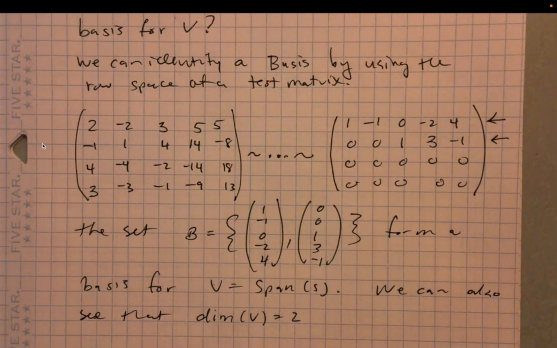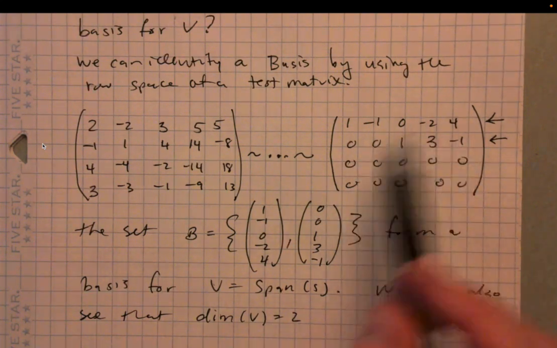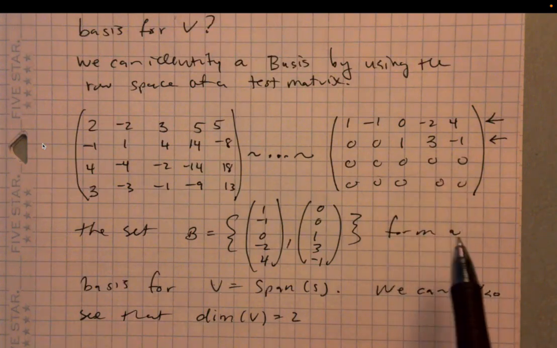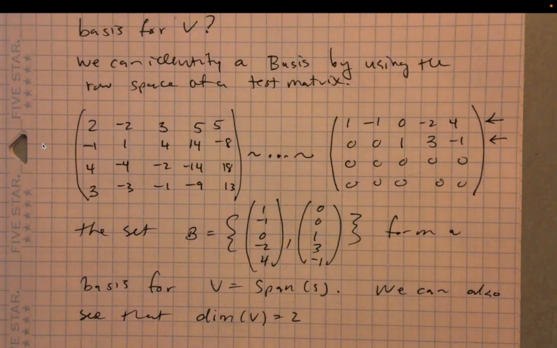In general, this method of simplifying a basis works. Why does it work? A reduced row echelon form matrix like this one is going to have the simplest form of all the infinitely many matrices that are row equivalent to it.